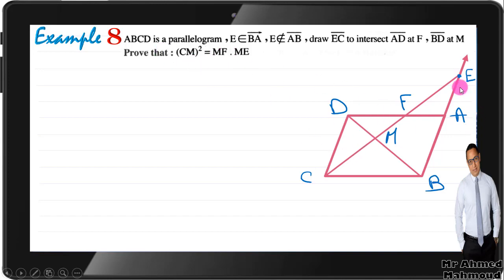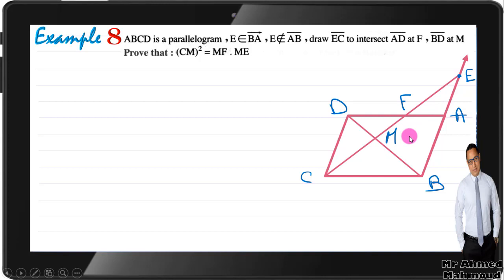Now I have many similar triangles. Okay, so I'm going to look at the required to choose the best triangles. I'm going to choose CM, MF, and ME. CM here, and MF here, and ME, okay, in this triangle.